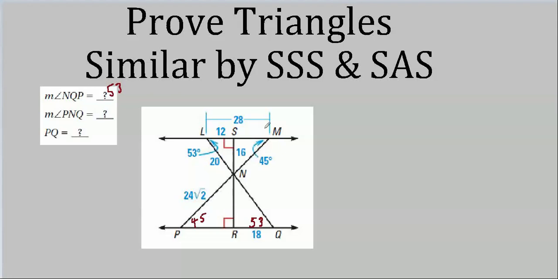What else did they ask us for? PNQ. Well, they have to add up to 180. So we take 45 and 53, and we subtract that from 180. We added those, 98.